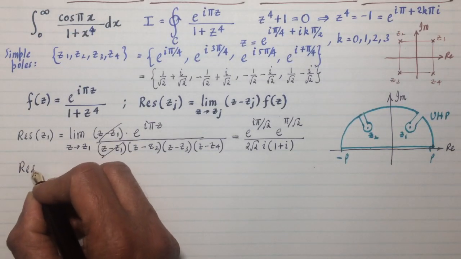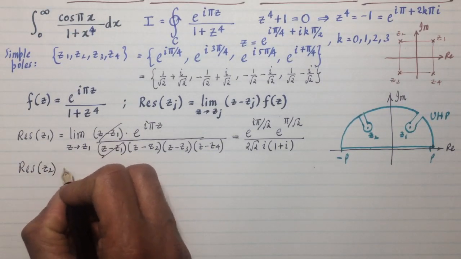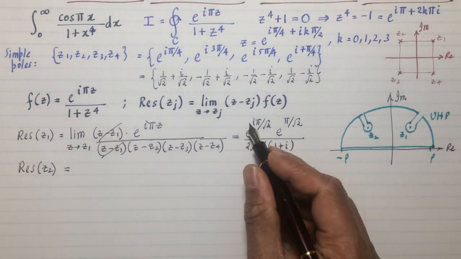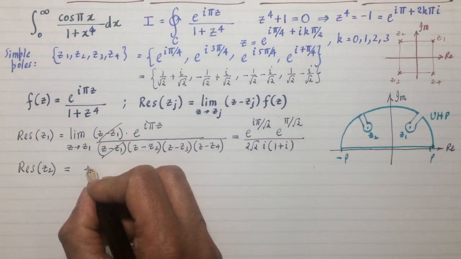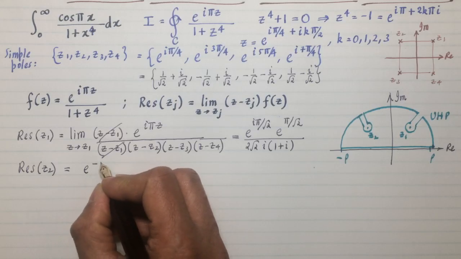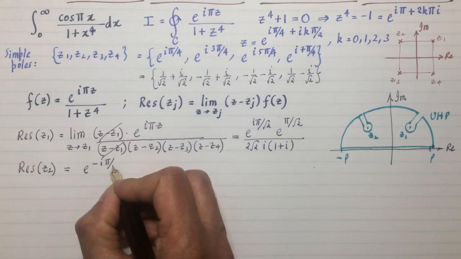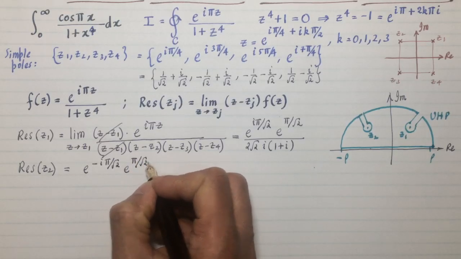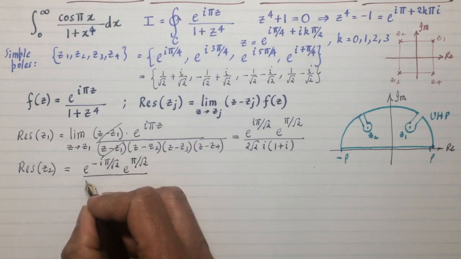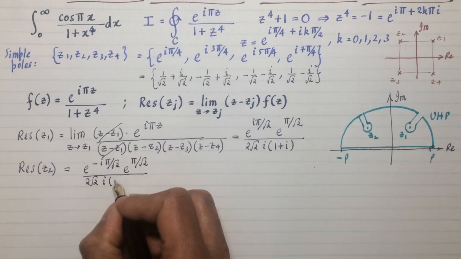Similarly, for the residue at z2, the only thing that changes is that you'll have a minus sign here, here, and here. So this gives me e to the minus i pi by root 2, e to the pi over root 2, divided by 2 root 2 i times (1 minus i).